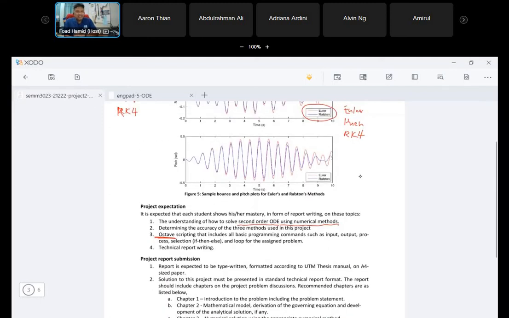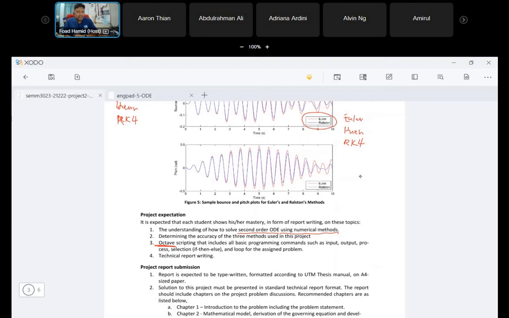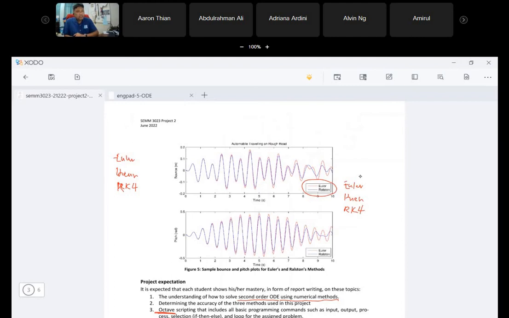So these are the project. Basically the same template I used before for project number 1, except the problem now. I think project 1 is about system of linear equations, and this one is second order ODE, which is the topic that we are currently discussing. All right, so any question?